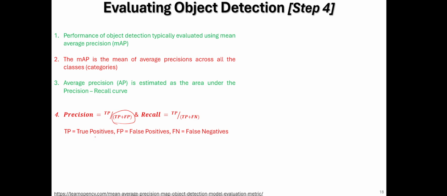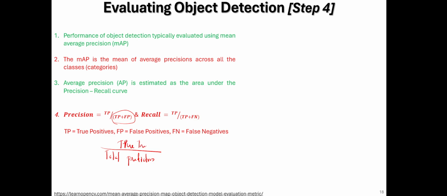So total predictions, nothing to do with the ground truth, again I'm repeating that, that's the denominator, because all positives, whether true positive or false positive, we will come to what is true positive and what is false positive very soon. But the sum of true positive and false positive is nothing but all the predictions. So out of all the predictions, how many of them are true?